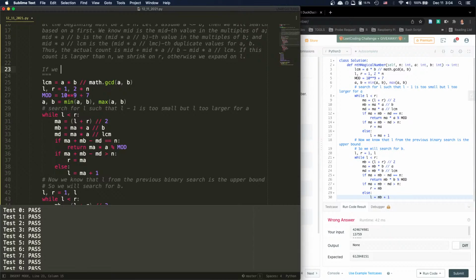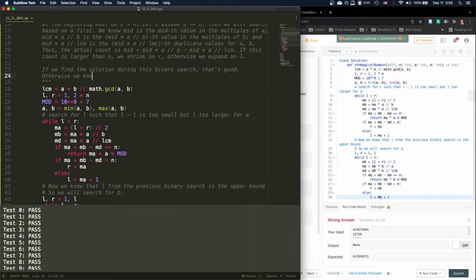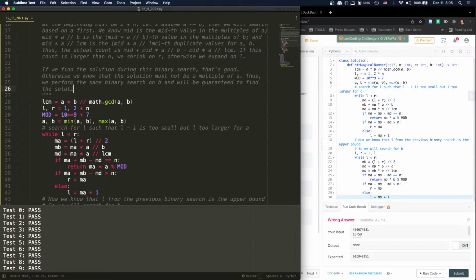Well, if we find the solution during this binary search, then that's good. Otherwise, we know that the solution must not be a multiple of A. Thus, we perform the same binary search on B and will be guaranteed to find the solution.